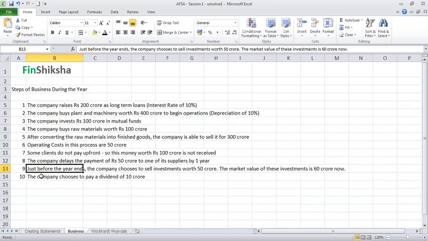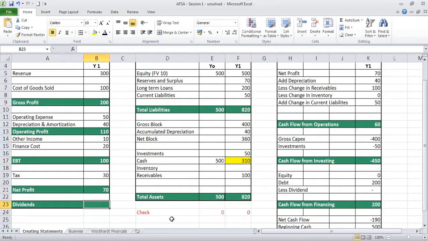Finally, last statement, the company chooses to pay a dividend of 10 crore. I will put the dividend here at 10, which automatically gets adjusted in my cash flow but leaves my balance sheet unbalanced, because when I made the adjustment for reserves and surplus it only adds undistributed profits. That's what is the entitlement to the equity holder.